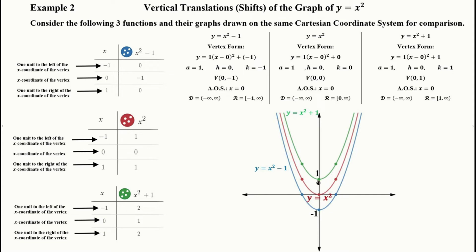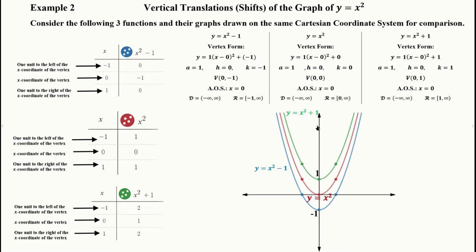Notice that the range changes here because for this blue function that we were looking at just now, all the outputs are going to start at -1 and go above that. So that's why the range is -1 to infinity. For the green one, notice the range is going to be all real numbers that are greater than or equal to 1. That's why you end up with 1 to infinity.